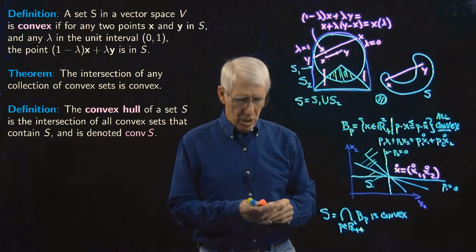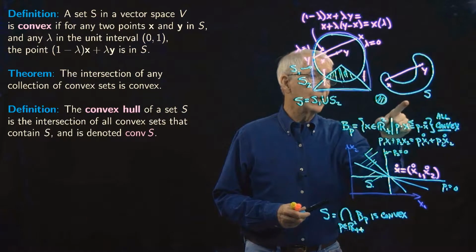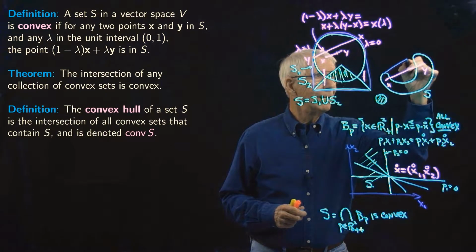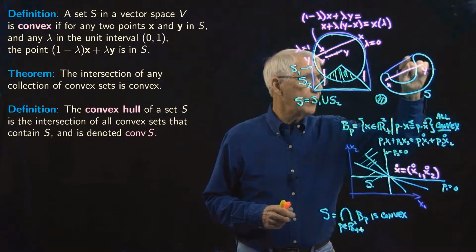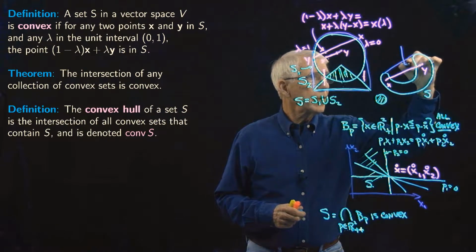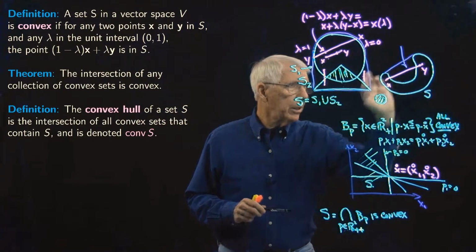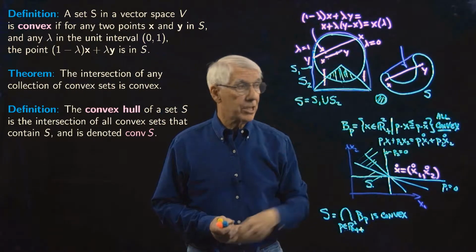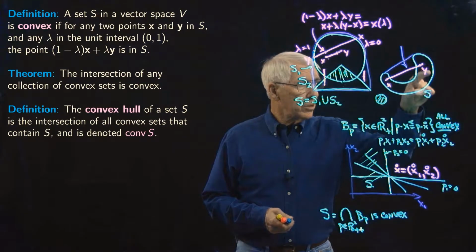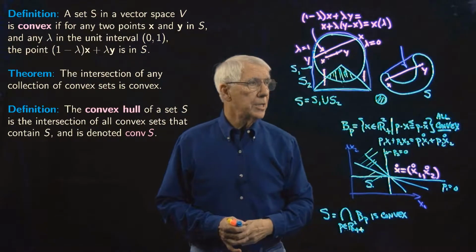So if I want to look at all of the convex sets that include S, well, one of those convex sets is going to be the set consisting of this boundary plus the original boundary over here. And so everything down here is going to be everything in here, here, and down here. That's going to be in the convex hull of this non-convex set S. And again, you can see that intuitively this is the smallest convex set that includes S as a subset.